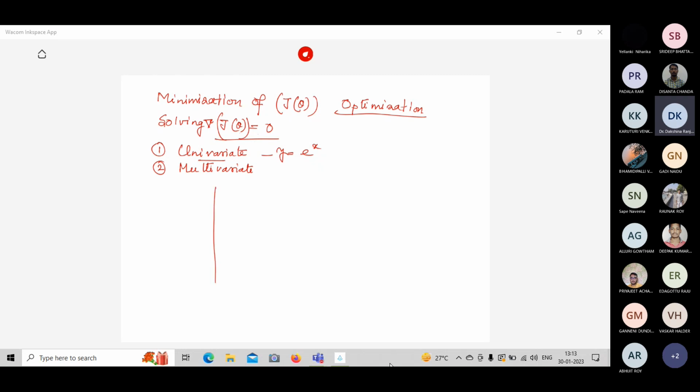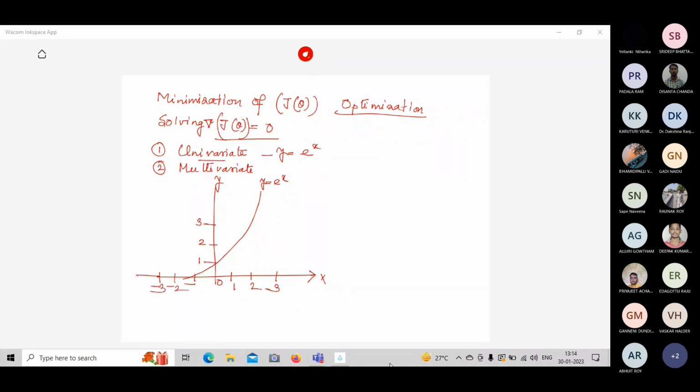Now, let's say the function looks like this. This is the x-axis, this is the y-axis, this is our 0, this is 1, 2, 3 and so on, and this is -1, -2, -3 and so on.